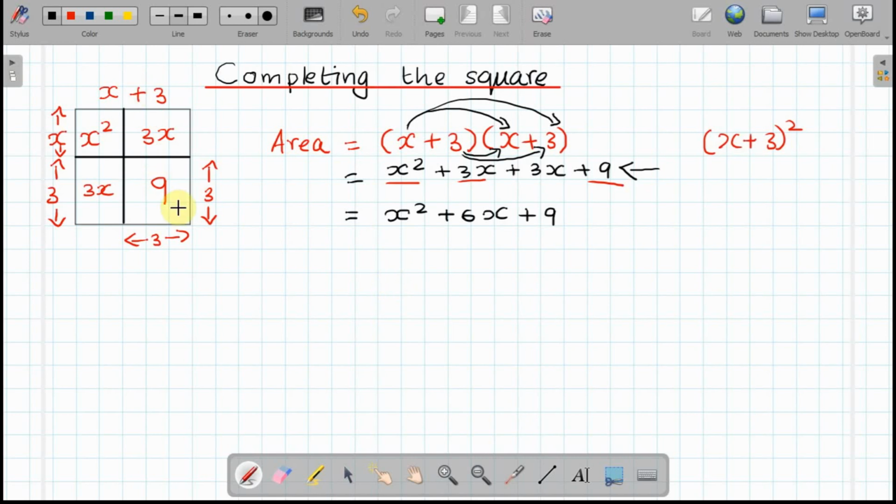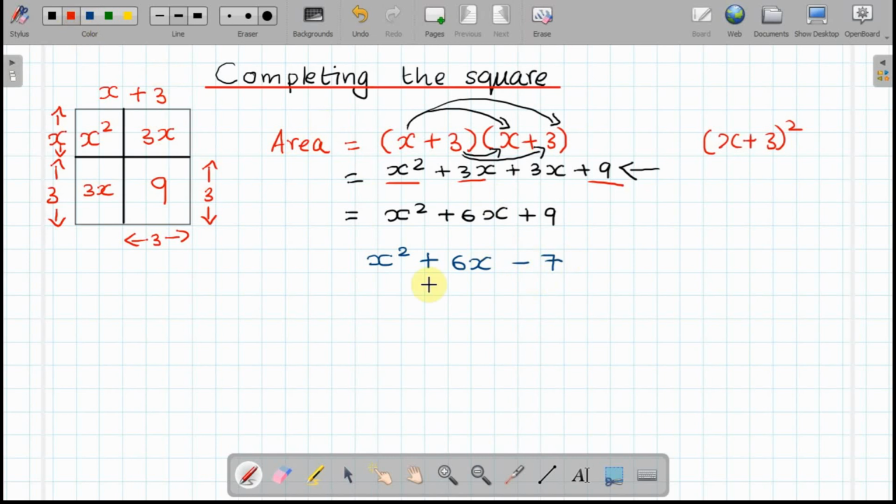And this is the area of a complete square, x squared plus 6x plus 9. So I'm going to use an example to demonstrate this. Let's choose blue. Okay, suppose we have an expression x squared plus 6x minus 7.